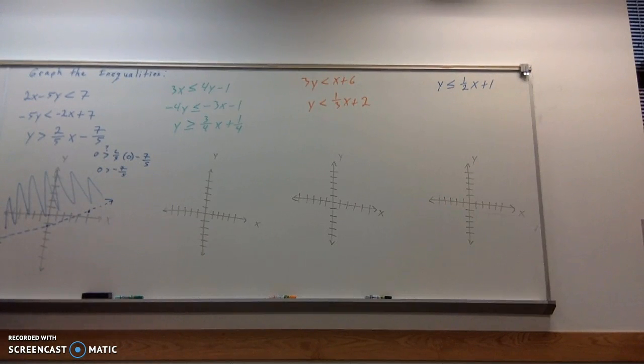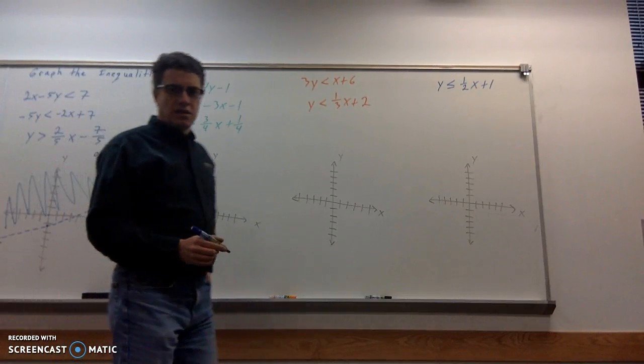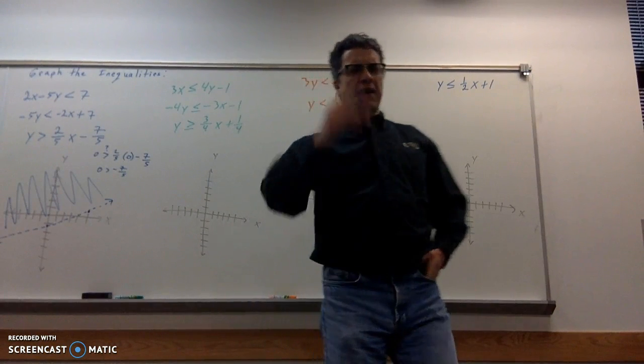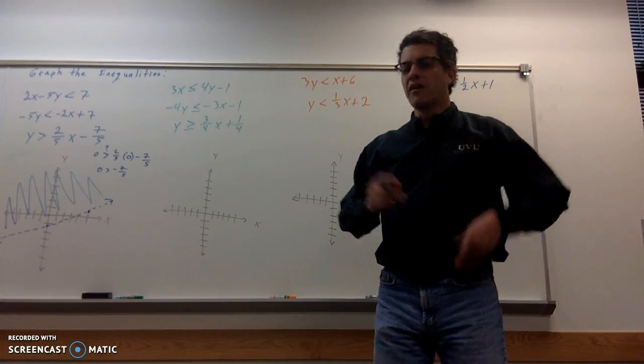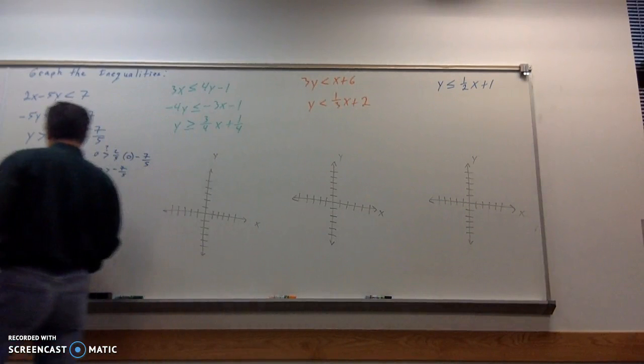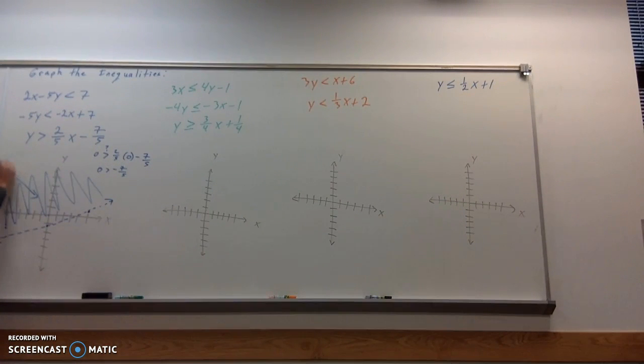Now, I've had students from other countries, and it's funny, they say, well, when I learned this way back in the day, they told us to shade the side that doesn't work. All right, so I'm going to address that. This is the answer. The side you shade, in this case, it's going to be the side that works.